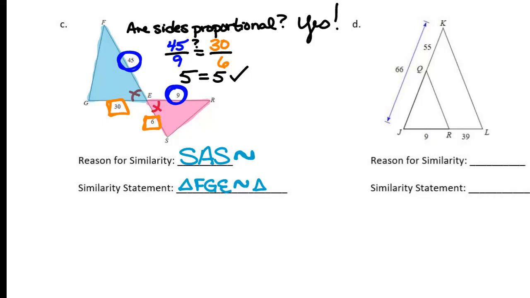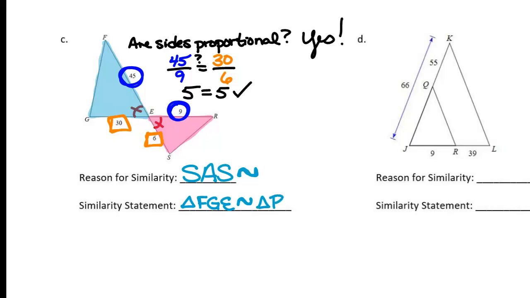R. R, because it's at the end of the side that is proportional to 45 right here. So it has to start with R. We put the 45 and the 9 in a fraction together, and so that's what I'm looking at. There's an arc marking on this end, but F up here at the top is the peak of the side that touches the side that is proportional to 9, so it has to be R out here.